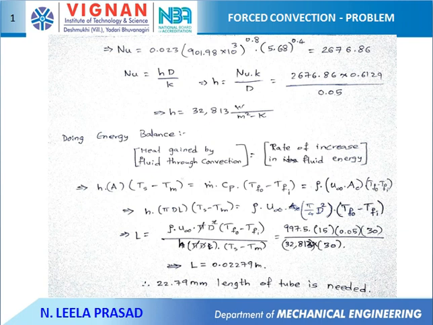So by applying this formula, m dot is rho into velocity into cross sectional area. So from this we can find out length of the tube needed. Here the length of the tube is around 23 millimeter.